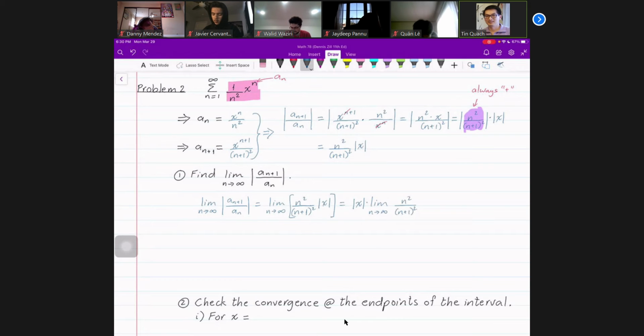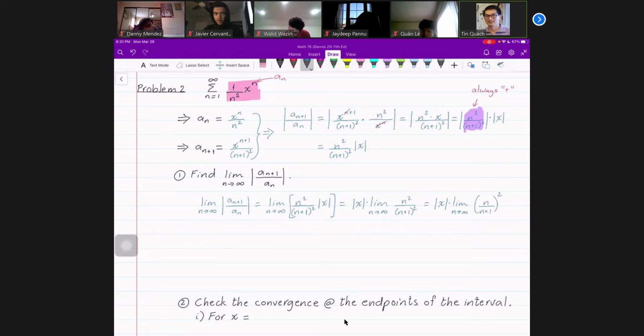Now, from calculus 1, the limit of this one, well, that one you can write that as, I'll just keep writing x, it's supposed to be n approaches infinity. That is the same as n over that.